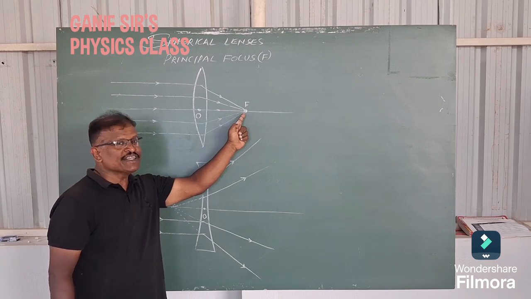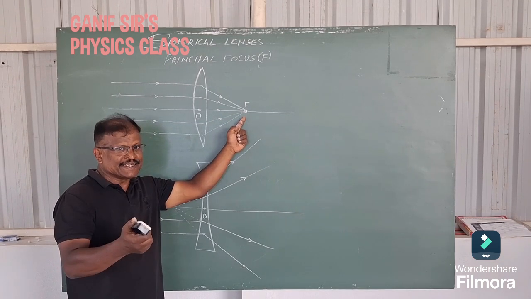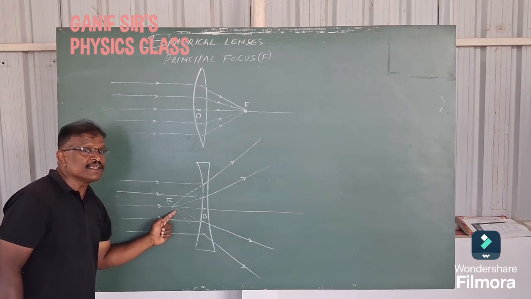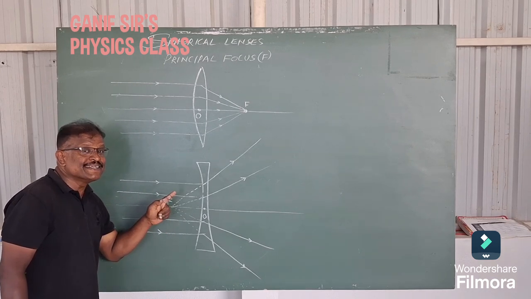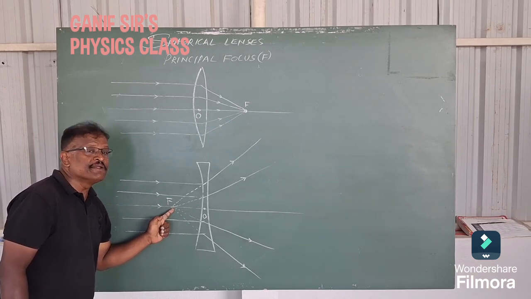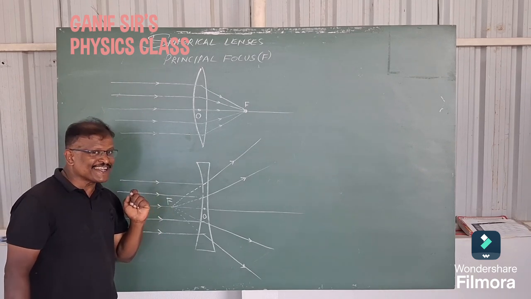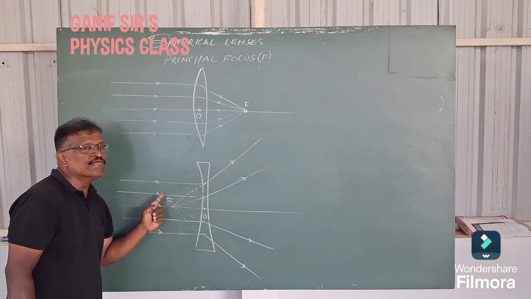In the case of a convex lens, the principal focus really exists, whereas in the case of a concave lens, it appears as if the principal focus exists. Here the principal focus is not real as in the case of a convex lens. The principal focus is virtual.